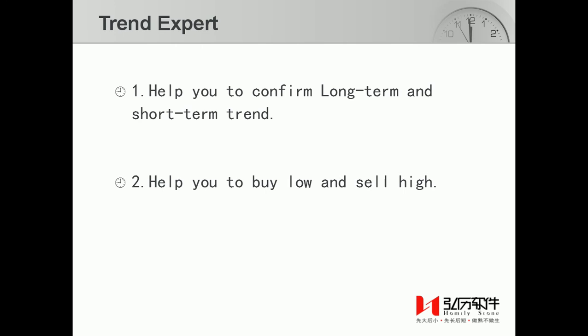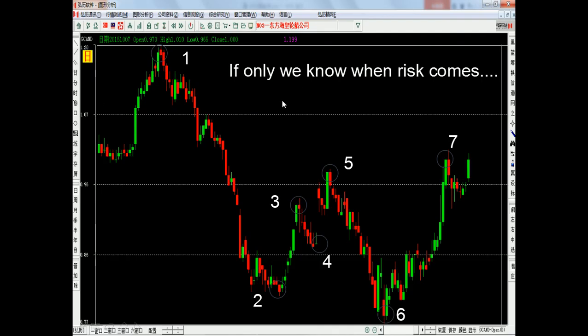This is the trend expert. So we need to know when risk comes. You can see this is a high point, low point, high point, low point, high point, low point, high point. So how to make a choice? If we have the indicator, we should buy low, sell high, right?